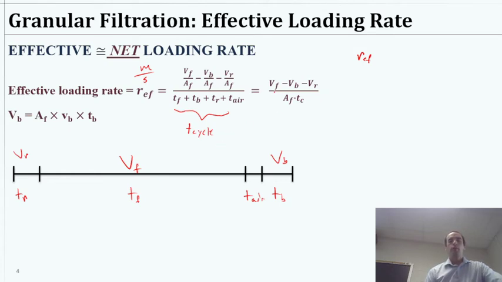And that can simplify very easily here and say that's going to be the volume filtered minus the volume used for the backwash minus the volume used for the rinse, all of that went to waste, divided by area of the filter times the total cycle time.